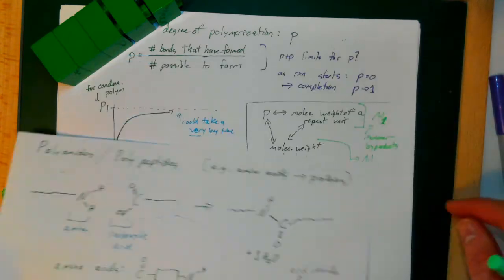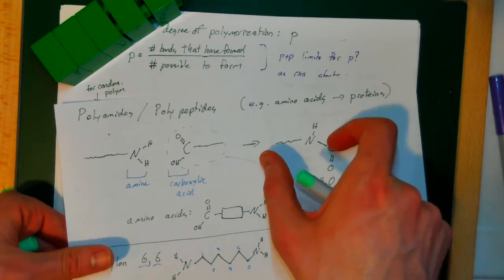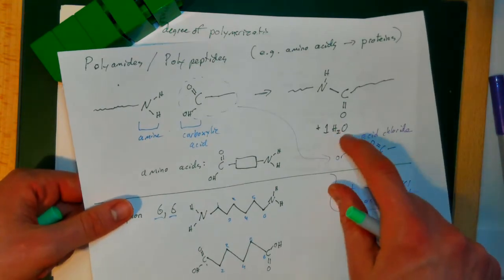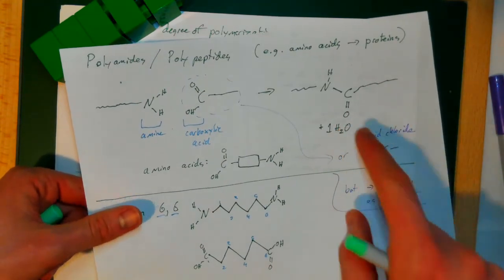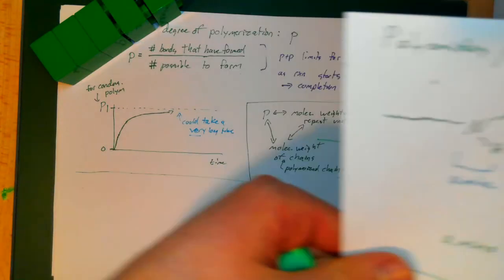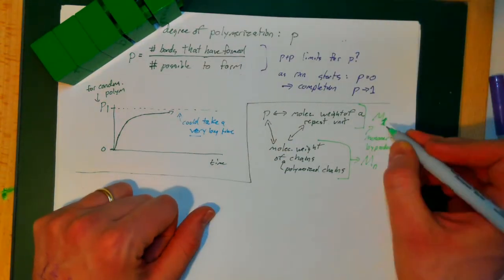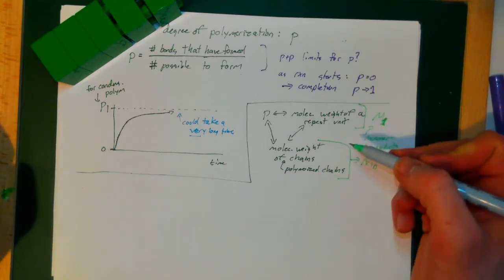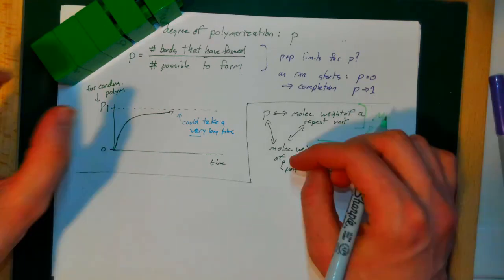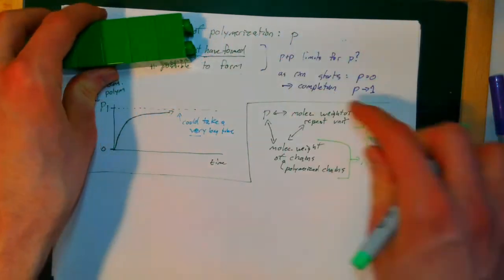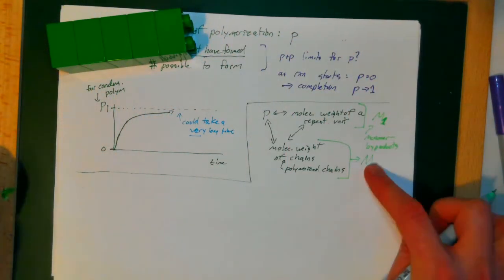The molecular weight of the repeat unit is the molecular weight of the monomer minus the molecular weight of whatever was kicked out in the condensation reaction. So what I call M1 is the molecular weight of a repeat unit. In a sense, it's what the molecular weight of a polymer of chain length 1 would be, and M sub n is the number averaged molecular weight.